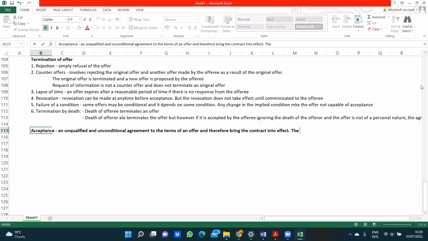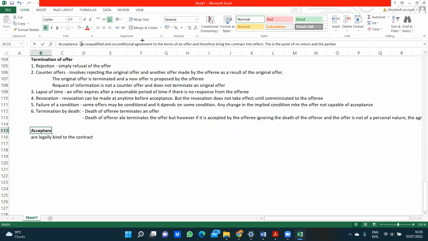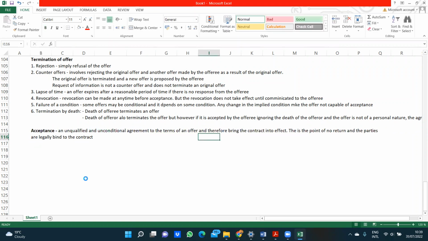This is a point of no return, and the parties are legally bound to the contract. So when there is acceptance, the contract comes into effect.